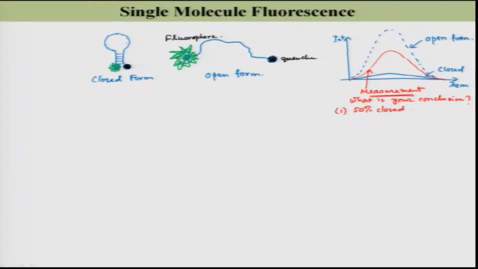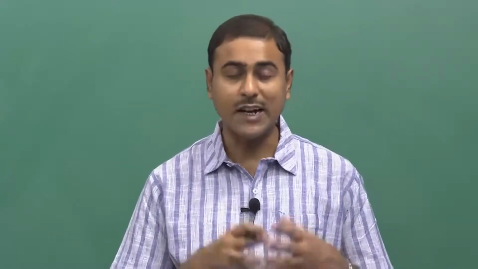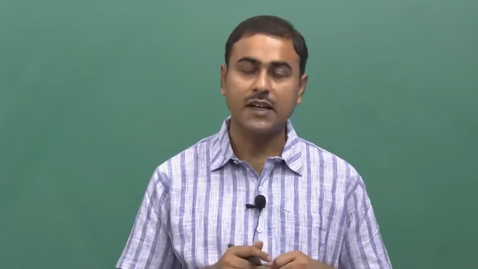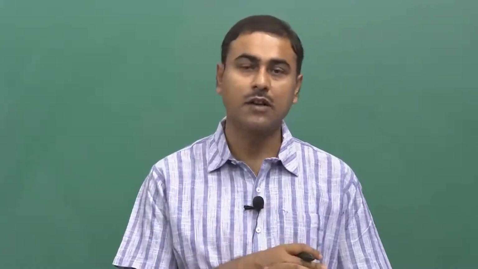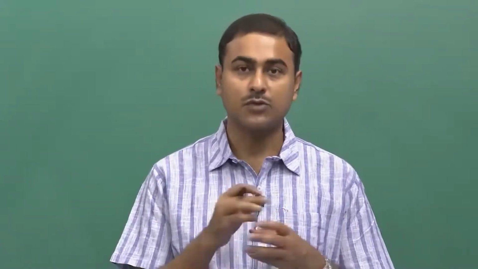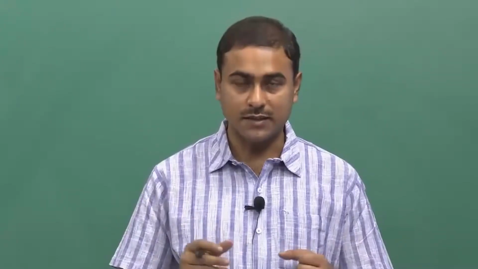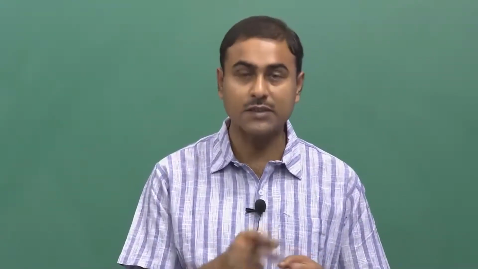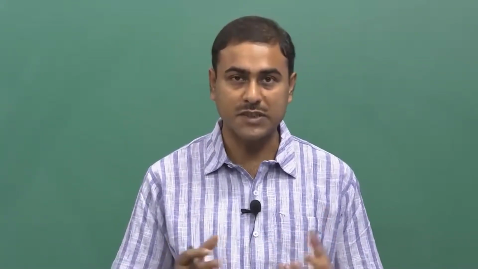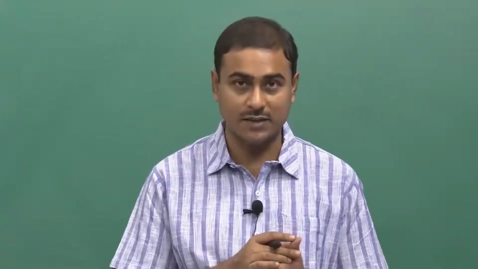closed and 50% open. But there could be another situation, because you are doing this experiment in a different solvent. In that particular solvent it is also possible that all of them are having a particular form which is neither the open form nor the closed form, it is intermediate, so that the quenching of the fluorescence by this quencher is not that much permissible, and you are getting a moderately intense fluorescence intensity.